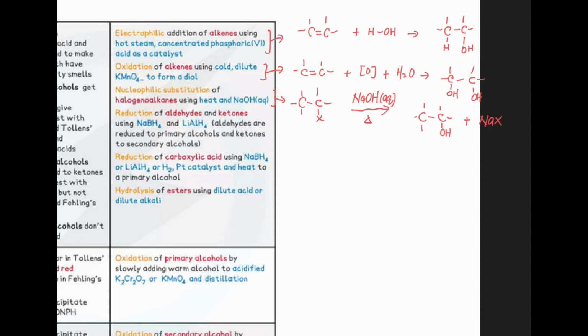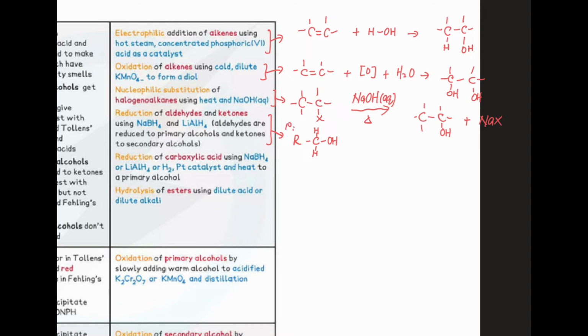Okay, so let's take a quick look at a simple equation. So if you have primary alcohol, let's say I use R and H to represent primary alcohol.